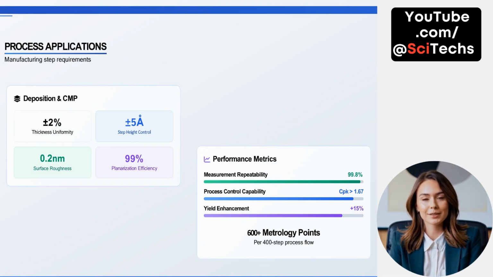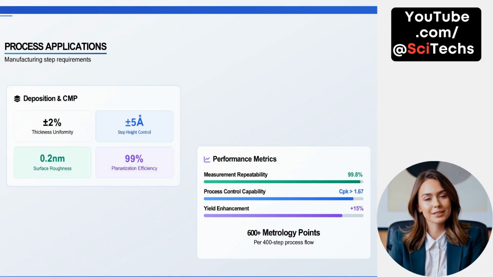This ensures even layering across the wafer, which directly affects device performance and yield. Step height control must also be maintained within plus or minus 5 angstroms to achieve precise topography and layer integration. Surface roughness should be as low as 0.2 nanometers to support high-quality interconnects and reduce variability.